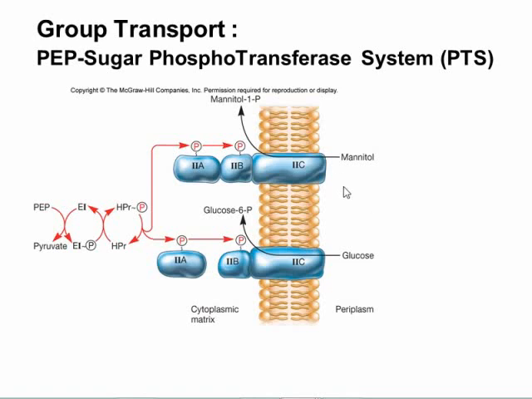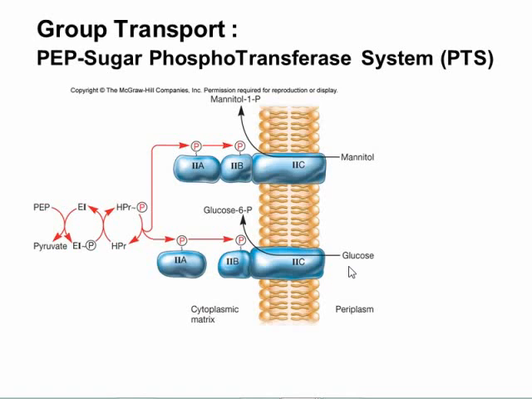Okay, so this is the one for glucose, all right? Group transport, E. coli, glucose. Always remember that. So in the group transport system, you've got enzyme 1 and then enzyme 2. Enzyme 1 over here, what's its function?